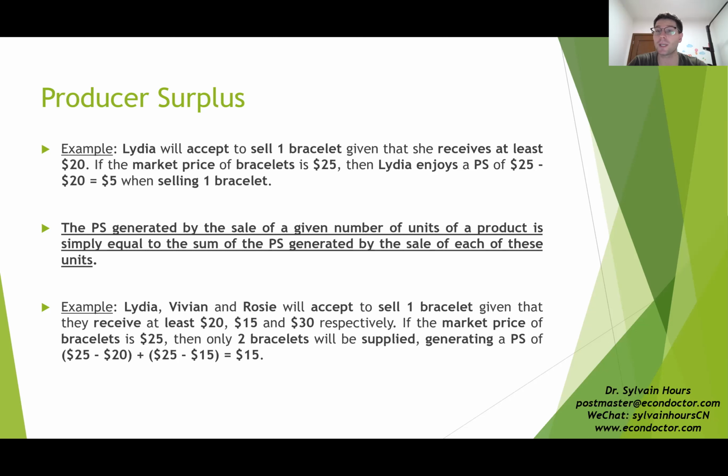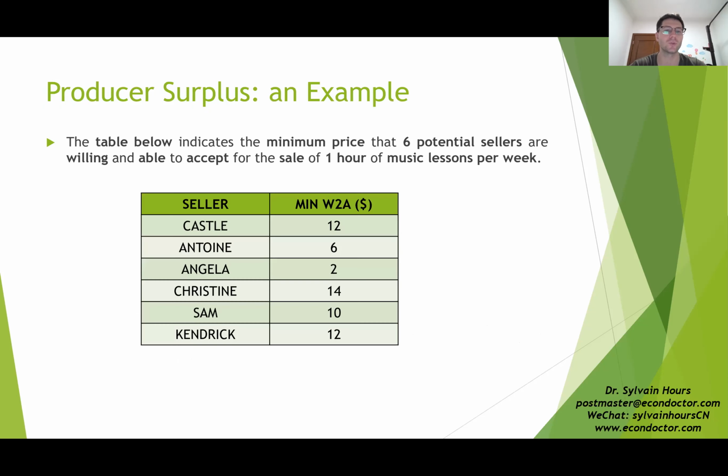And just like you can move from the individual consumer surplus to the market consumer surplus, or let's say from 1 unit to several units, you can do that for producer surplus. Same thing, you simply have to add the producer surplus generated by each unit of a product, and you get the total producer surplus. So I still have the market for music lessons, but here I am not looking at who's willing to purchase music lessons.